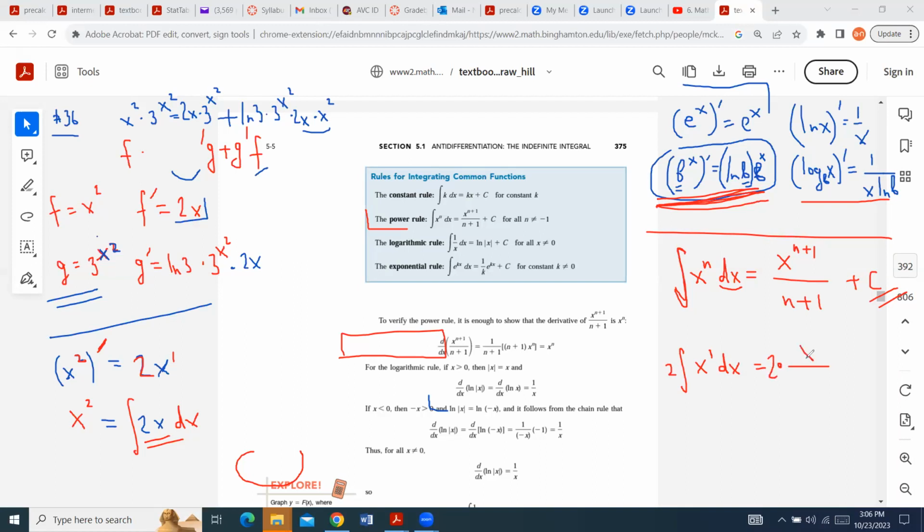Now x will be raised to the power n plus 1. So the power used to be 1. I add another 1, which is 2. So I put that 2 on the ground, in the denominator actually. Keep that constant. And notice that the 2 and the 2 cancel, so you end up with the x squared that we started with. My goal was to actually produce it backwards, and the formula gave me the ability to do that.